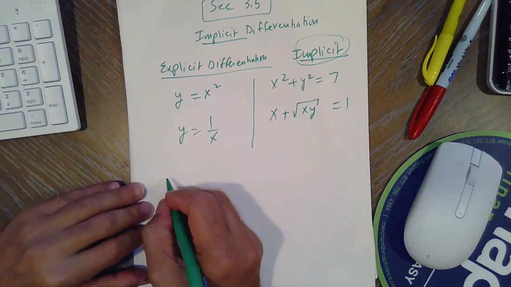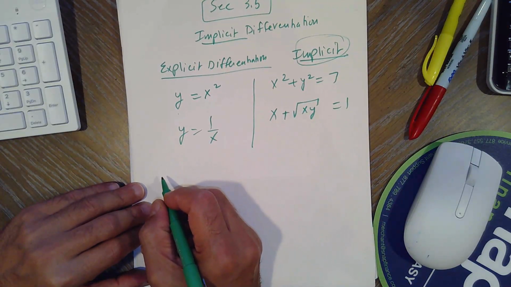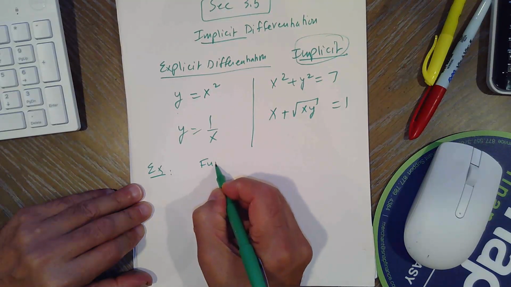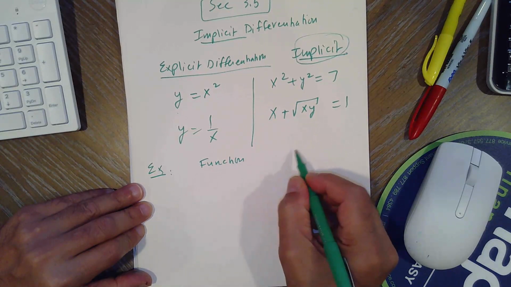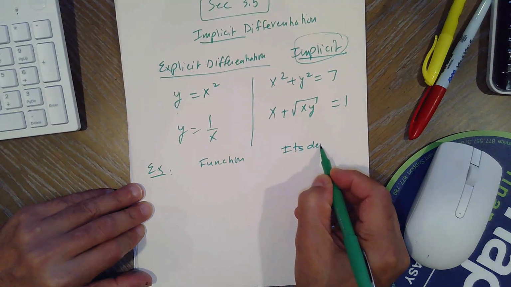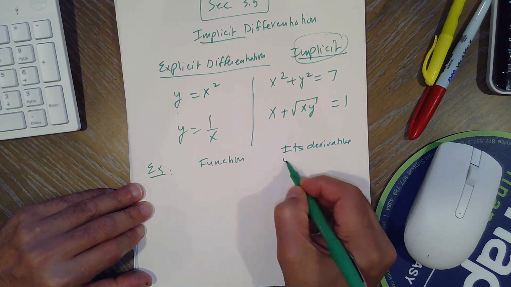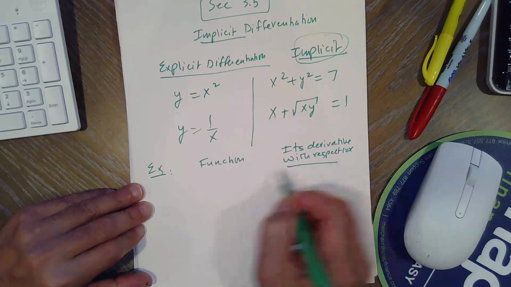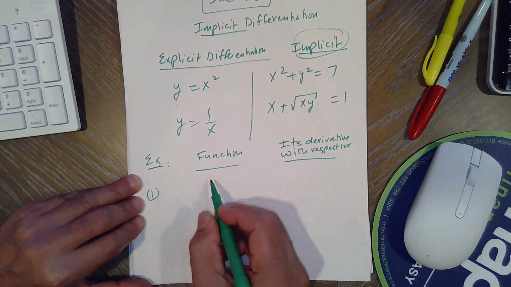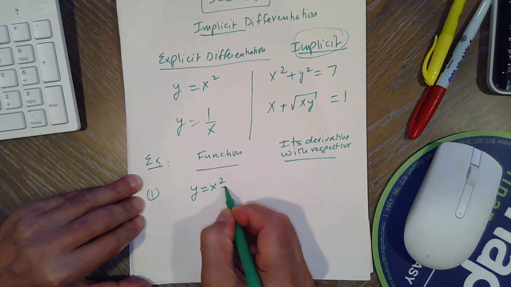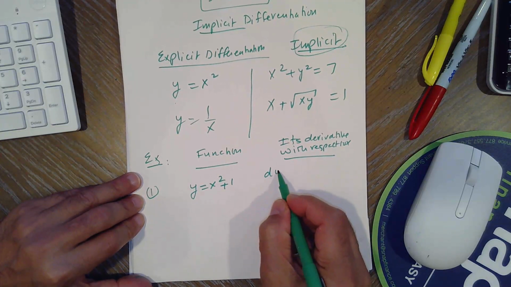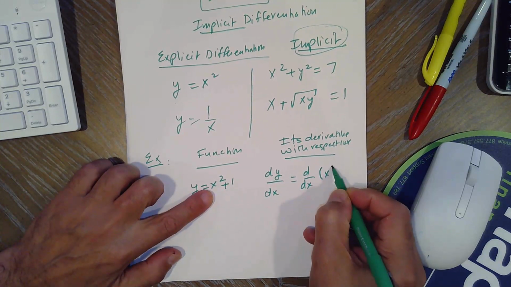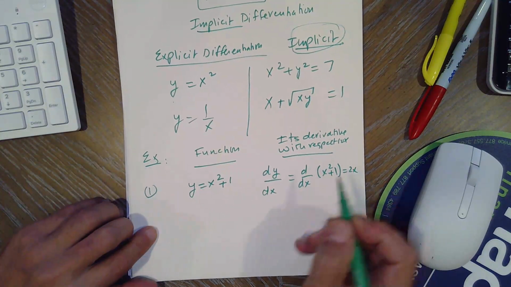Just to give you an idea, I'm giving you an example of a function and then its derivative with respect to x. So if the function is y equals x squared plus 1, then its derivative dy by dx is the derivative with respect to x of x squared plus 1 equals 2x.